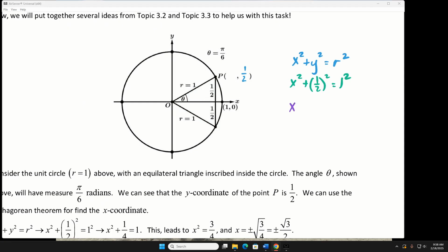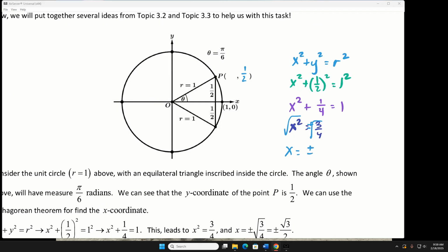Do you guys know how to square a fraction? Yes, 1/4. You just square the numerator and you square the denominator. Now if I'm solving this for x, I'm going to take 1 and subtract 1/4 from it. What am I going to get? 3/4. Finally, I'm going to take the square root.